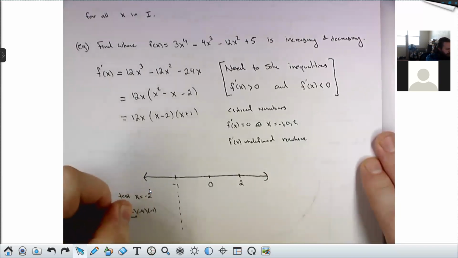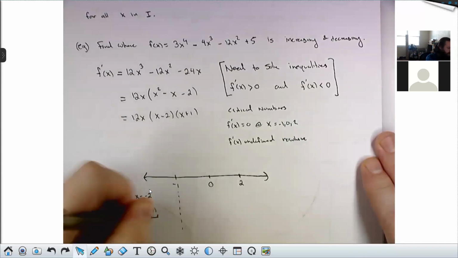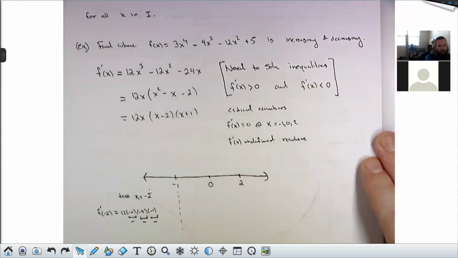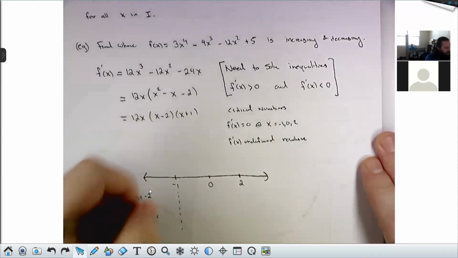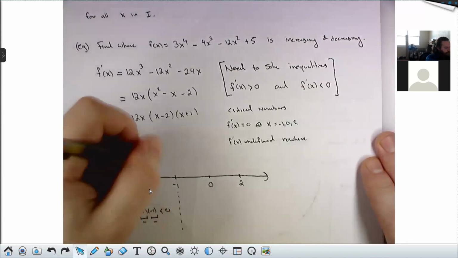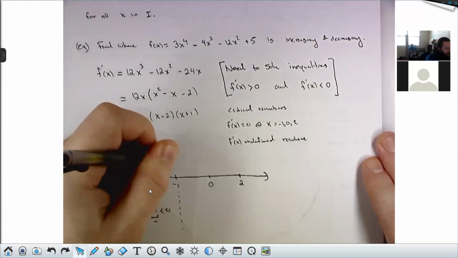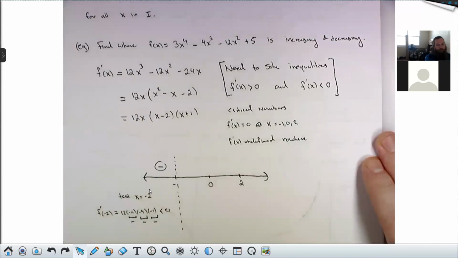So this is negative, this is negative, and this is negative. And if you multiply three negative things, you get a negative thing. So f prime of -2 is less than 0, it's negative.